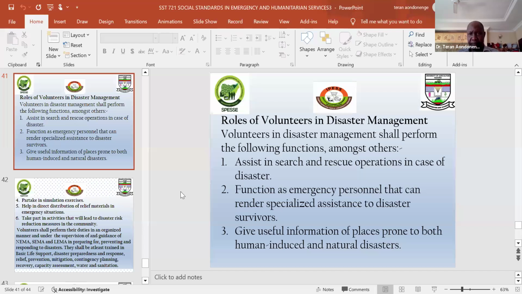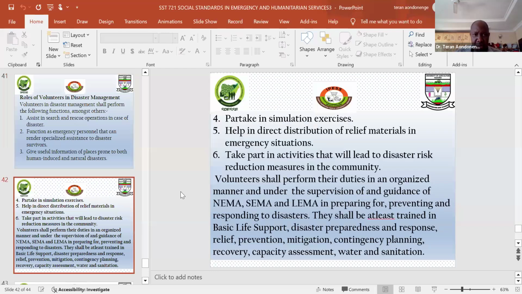Volunteers in emergency and disaster management shall perform the following functions. They shall assist in search and rescue operations. They carry out almost all the functions as assigned and designated by NEMA, SEMA, and LEMA, or other NGOs. They give useful information on places prone to human-induced and natural disasters. They partake in simulation exercises.